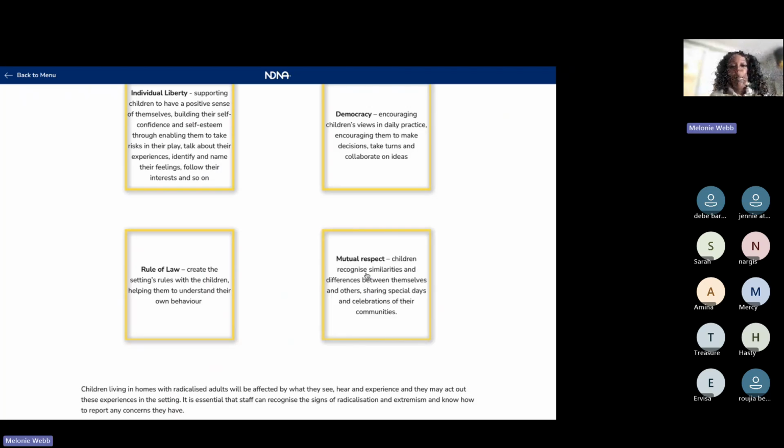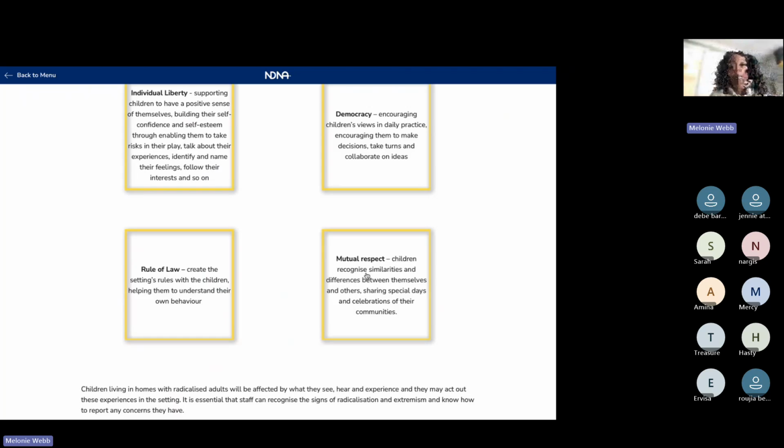Mutual respect: children recognising similarities and differences between themselves and others. Someone the other day was a bit taken aback when a child said to me that my skin was brown. But not everything has to be offensive, and it's actually important for them to be able to recognise the difference between themselves and others.